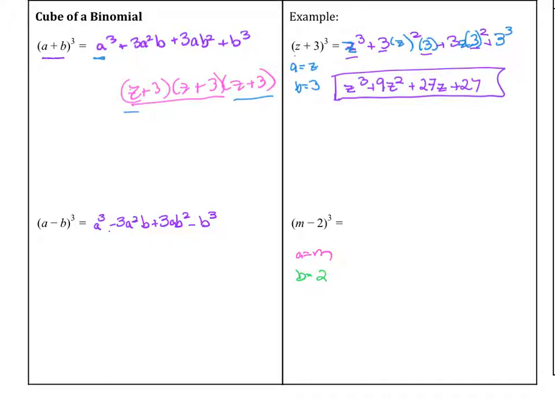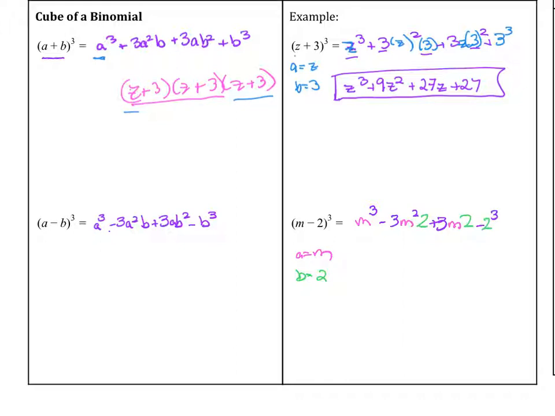So a cubed, that is m to the third power, minus 3, and then our a value is m, and that is squared, and then times b, which is 2, plus 3 times our a value, which is m, times b, which is 2, and then minus b cubed, which is 2 to the third power.